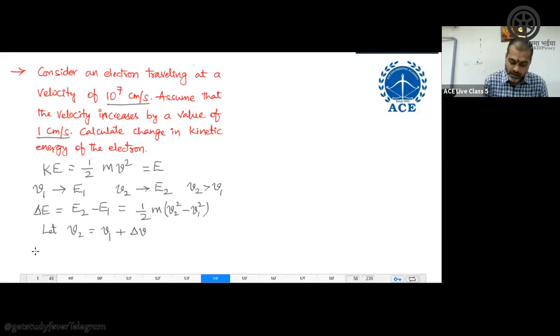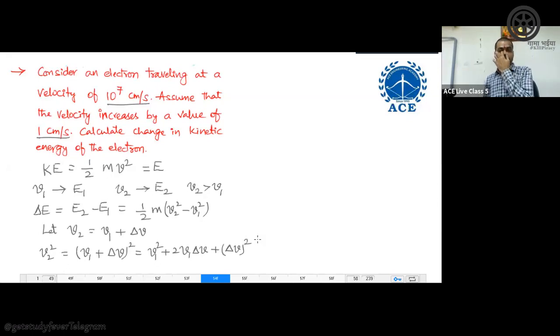Then v2 square is v1 plus delta v whole square, which is v1 square plus 2 v1 delta v plus delta v whole square. Now put this v2 into this equation and find out delta E.